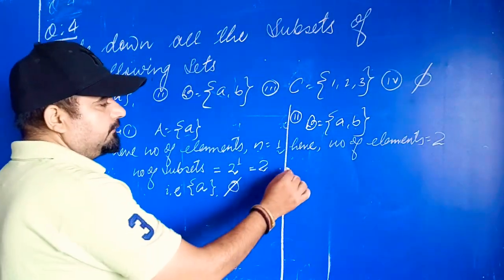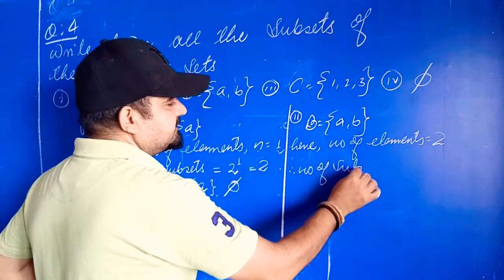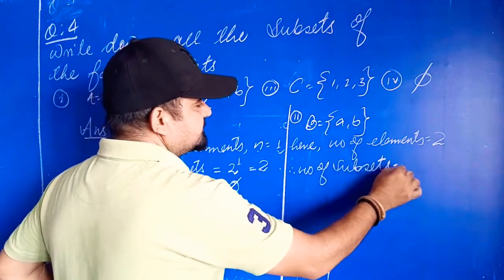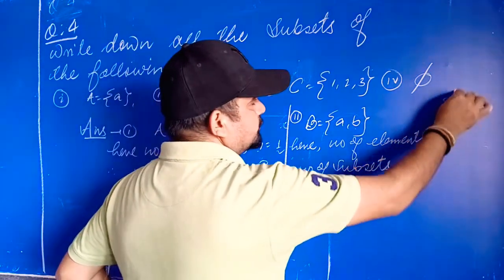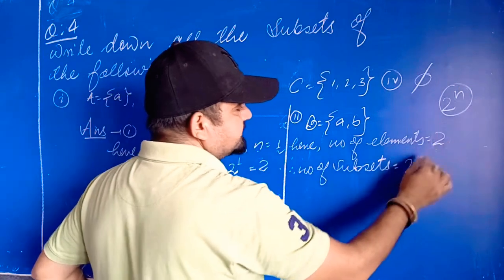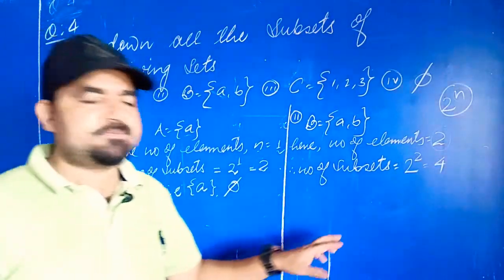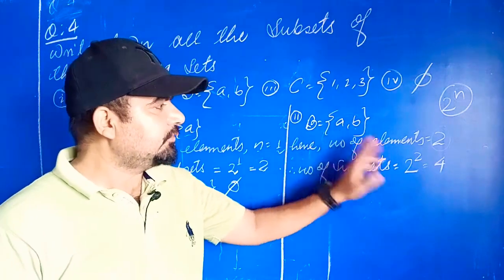Okay. Therefore, number of subsets is equal to, the formula was 2 to the power n, and what is n here? It's 2, so 2 to the power 2 is 4. So the number of subsets of this set will be 4.